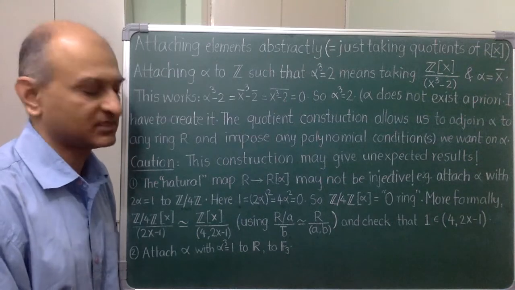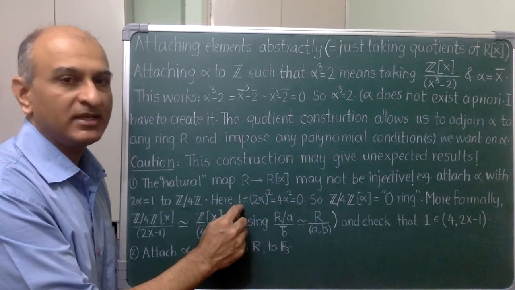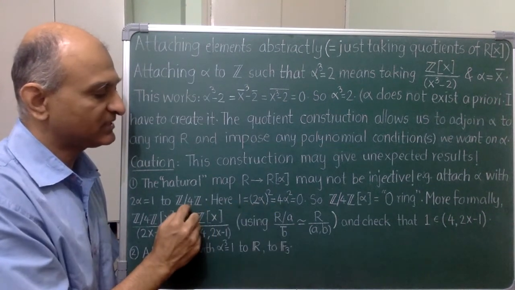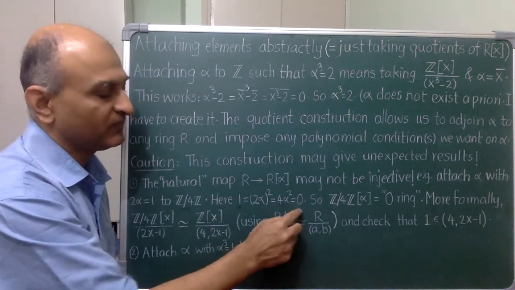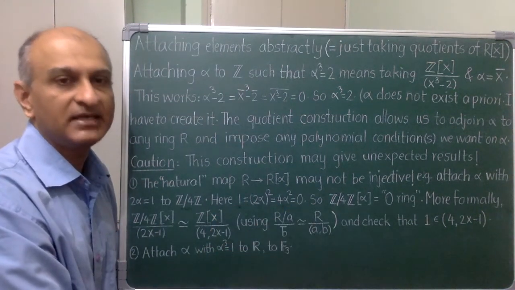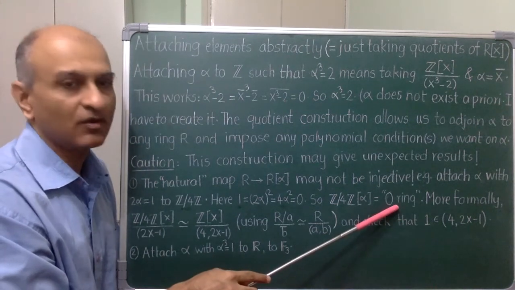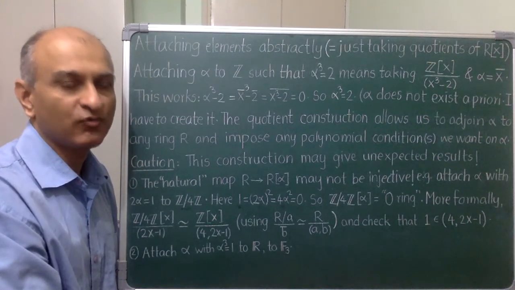Watch what happens. 2 alpha is supposed to equal 1. So squaring, I get 1 equals 4 alpha squared, but 4 is 0. So in this ring, I get 1 equals 0, and after attaching alpha, the entire ring collapses. In fact, this is not even a ring according to our definition. You can and should check this more formally.